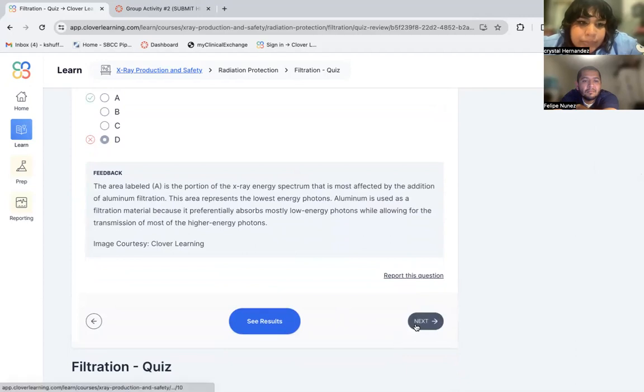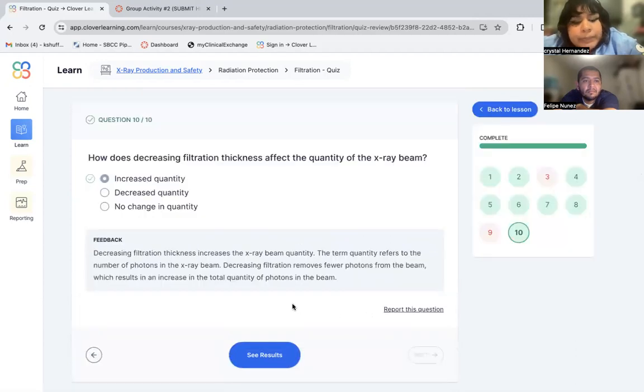Okay. And then the last one is another relationship. How does decreasing filtration thickness affect the quantity of the X-ray beam? So in this case, it would be the opposite, right? From what we were just saying. Yeah. A thinner filter will allow more of the photons to get through, like the quantity of photons. But then this is going to result in both high energy and low energy. So we're going to get just a lot of everything.